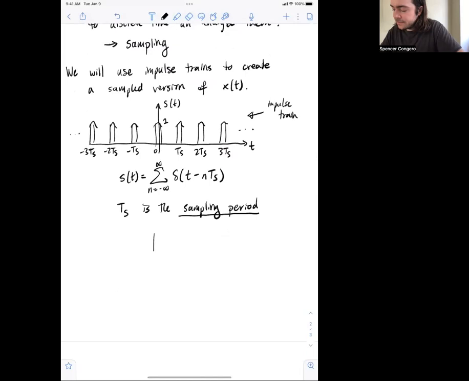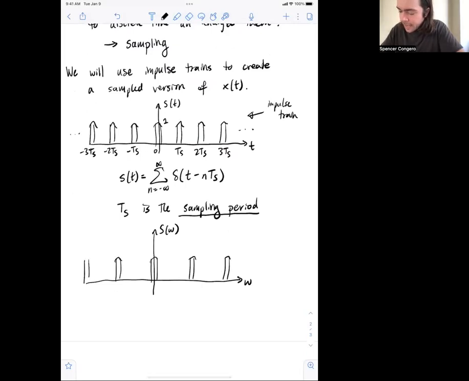We also saw, and we're going to care about in this video, the Fourier transform of an impulse train, and it turns out that that was another impulse train. How is this impulse train related to the first one? Well, this one now has its heights scaled by what I'm going to call omega sub s, and it's also periodic with period omega sub s.